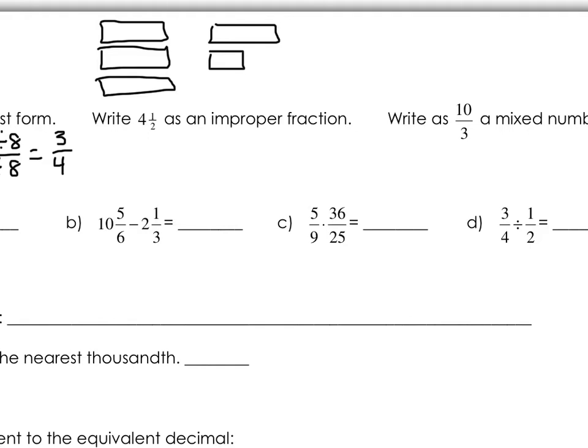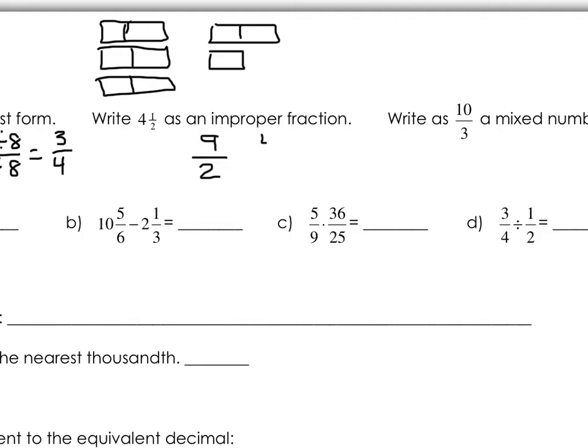Well, if we want to write it as an improper fraction, we want to change everything to halves. So we need to cut each one of these whole numbers in half. How many pieces do we have? 2, 4, 6, 8, 9. And that's exactly what we want to say. 9 halves. We have 9 pieces and each one is a half in size. So 4 1/2 is the same thing as 9 halves.